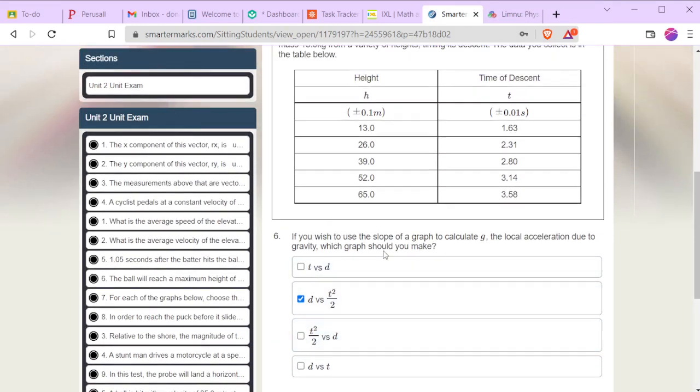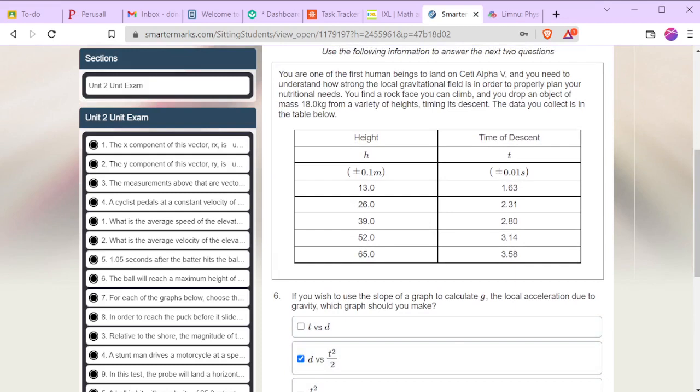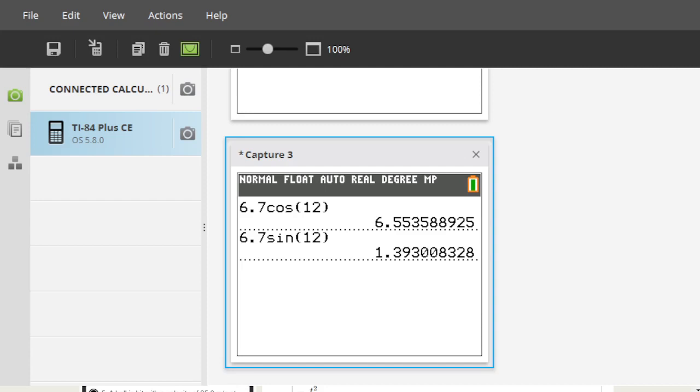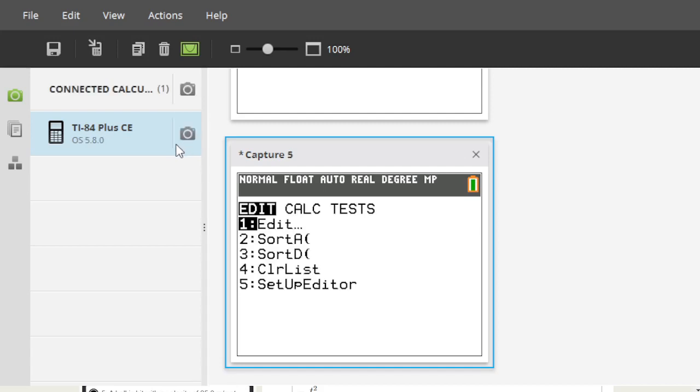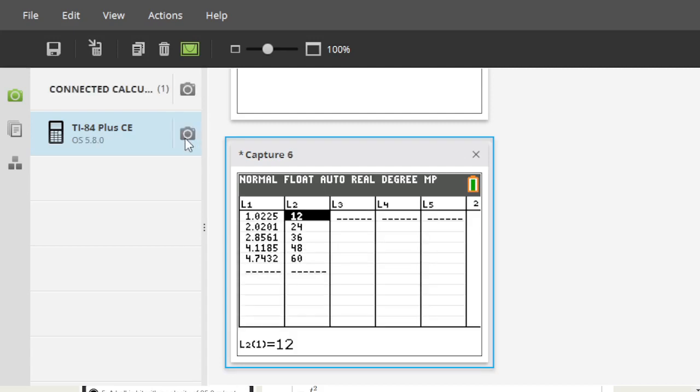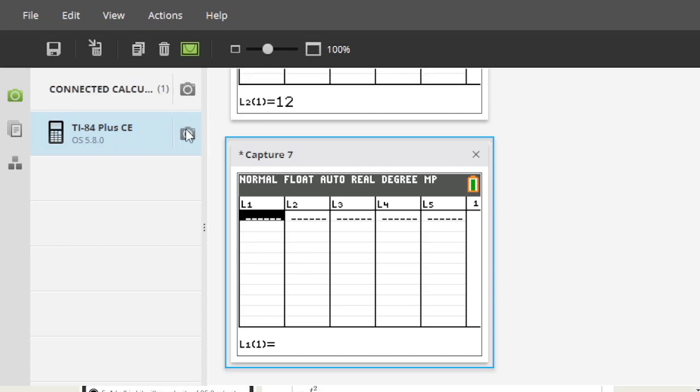So this is where we start using the linear regression on our calculators. So let's flip back to that. Now, in order to do this, we're going to have to go into our lists and edit them. So we go Stat to pull up this menu. We edit our lists. We see they have data in them already, so I'm going to clear that data. So we're starting from scratch. Our x values, we said, are t squared over 2.